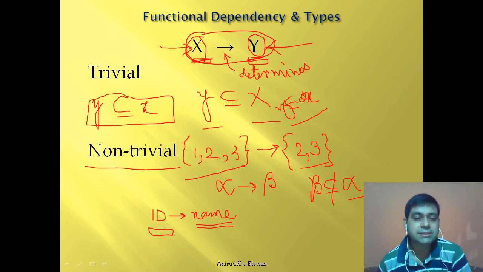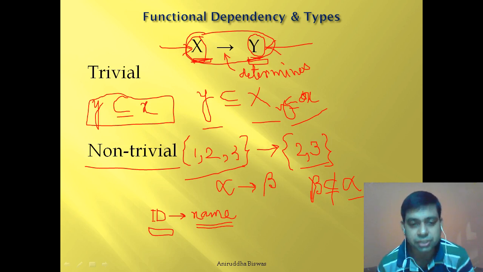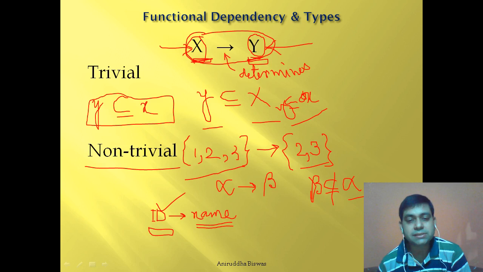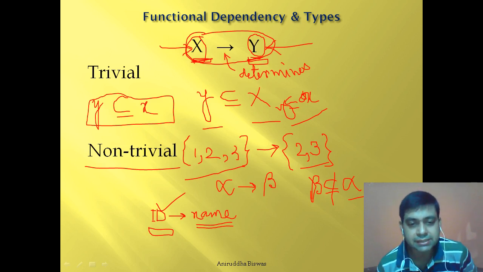So ID is determining name, but there is no subset relationship between these two. Still ID is determining the name. So this is called a non-trivial dependency. Similarly, there could be other relationships which can also be called non-trivial, but the main thing is that the right hand side of the relationship must not be a proper subset of the left hand side. That is how the non-trivial dependency can be explained.